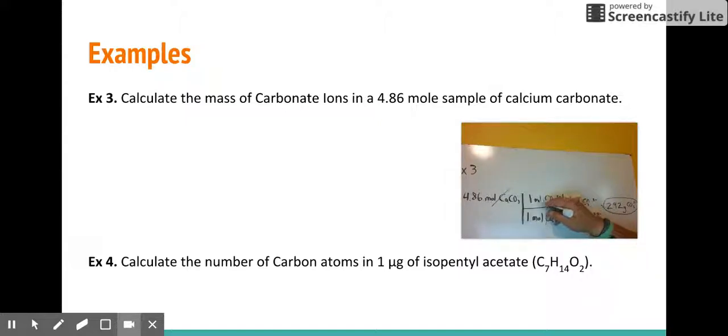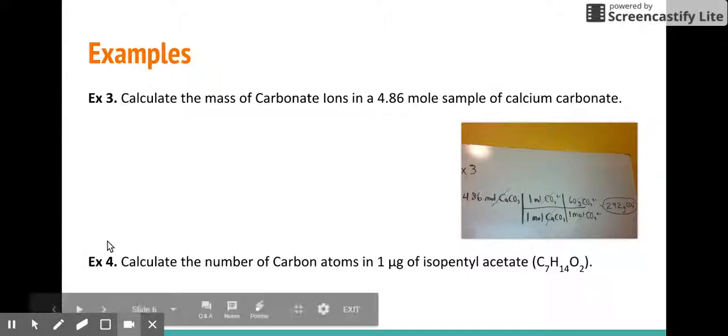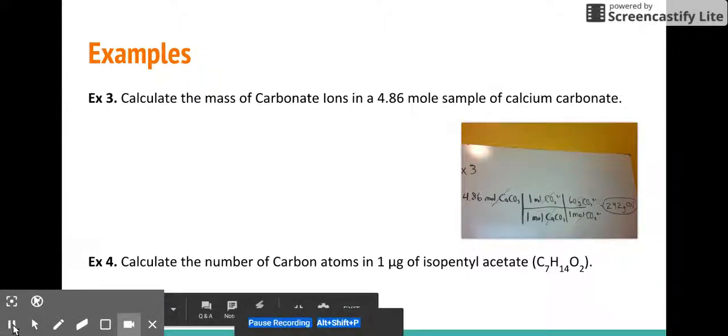So I have 1 mole of carbonate ion is equivalent to 60 grams of the carbonate ion. Now that I see that all my units are crossed out except for what I want, grams of carbonate ion, I now can do my math. I'm going to take 4.86 times 60, and that's equivalent to 292 grams of the carbonate ion.